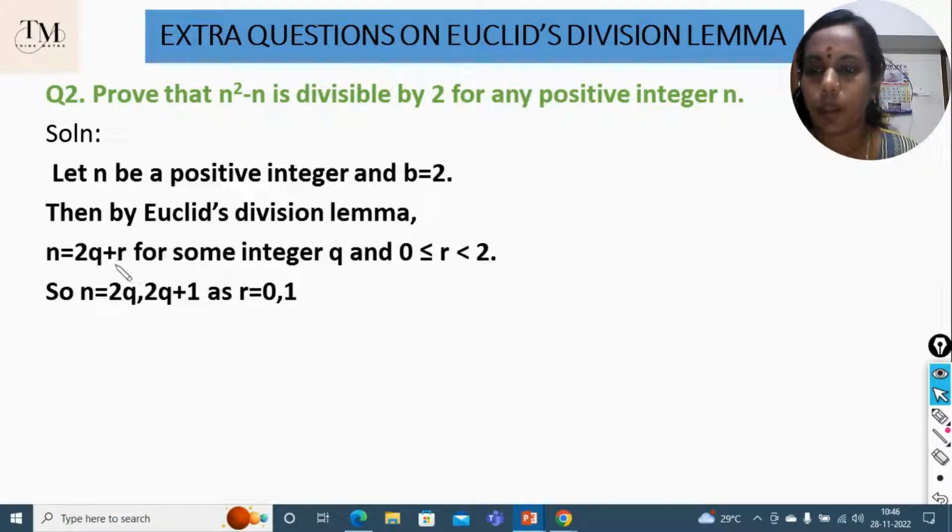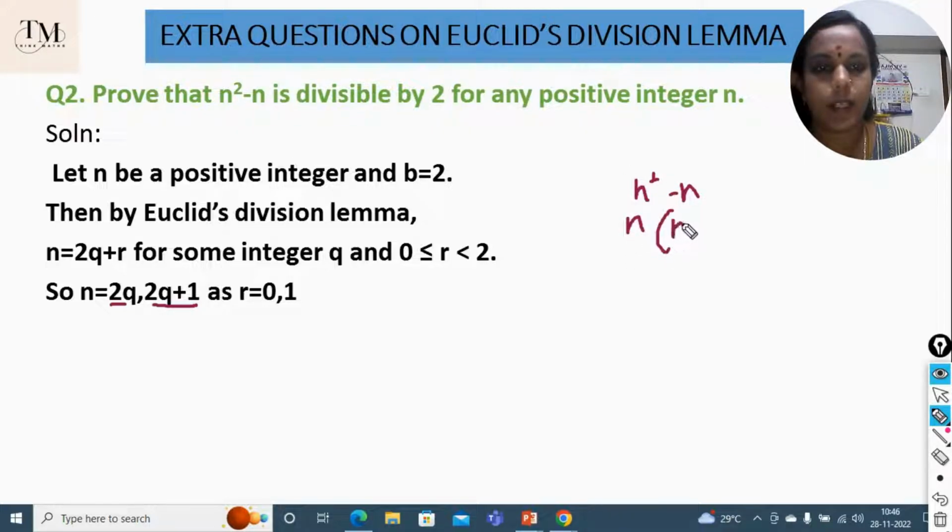When r is equal to 0, n will be equal to 2q. When r is equal to 1, n will be equal to 2q plus 1. For these two values, 2q and 2q plus 1, we have to check whether n square minus n is divisible by 2. We can take n outside and write it as n into n minus 1.